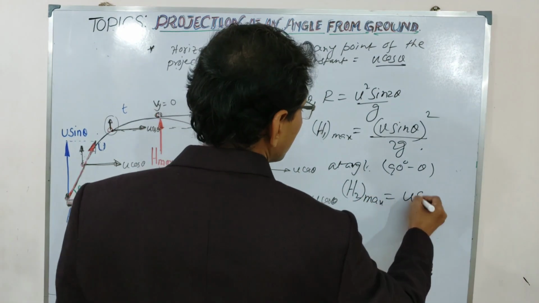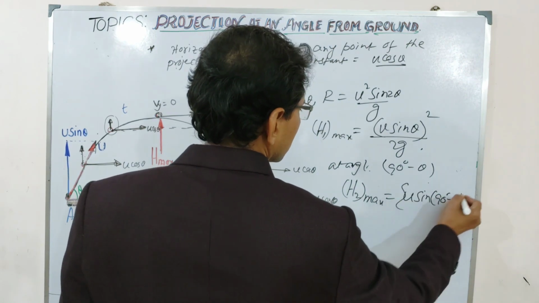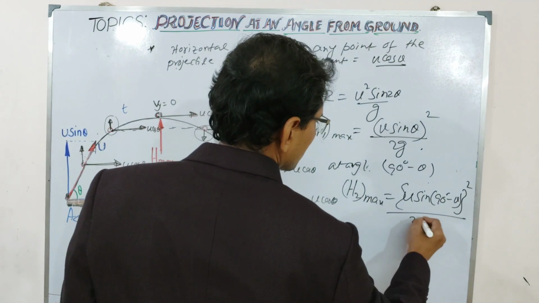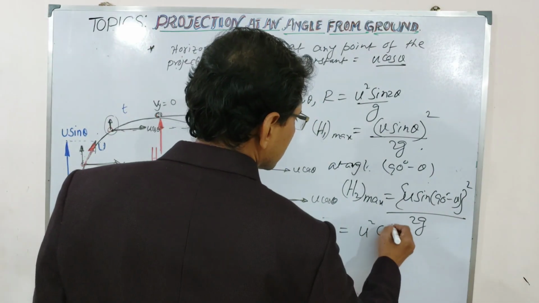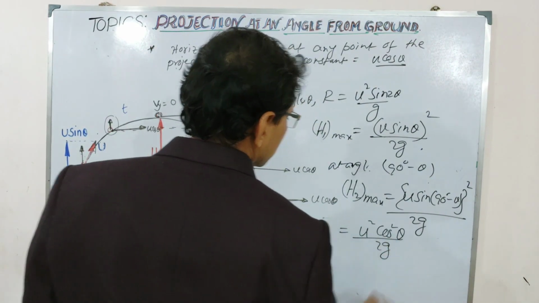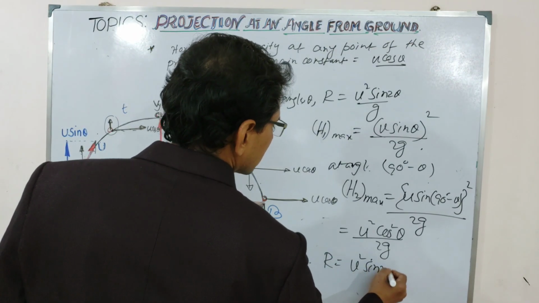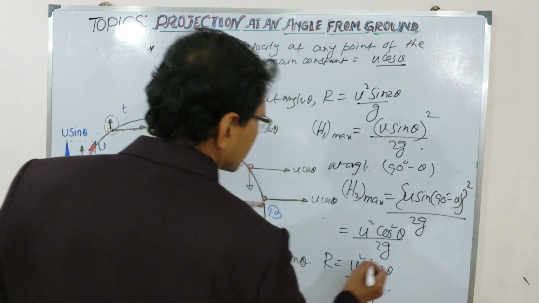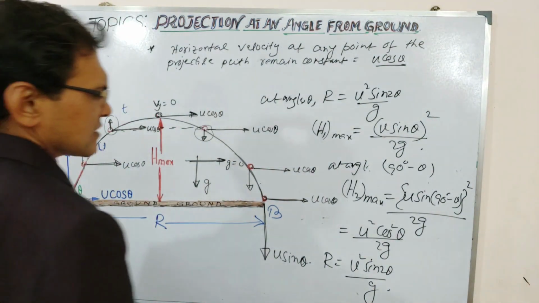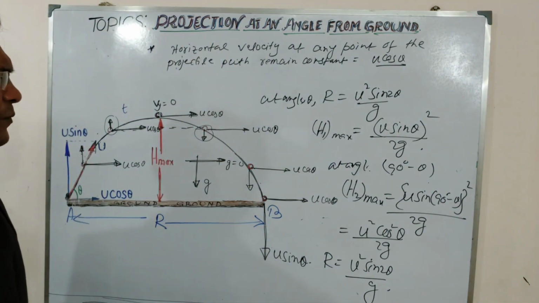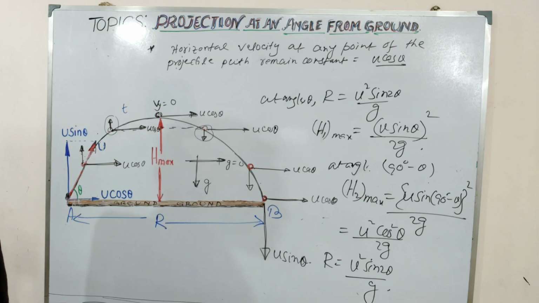Maximum height equal to u sin 90 minus theta whole square by 2g. So this will be u square cos square theta by 2g. Now range will be same, it has already been discussed previously. So range same, but maximum height can be different.